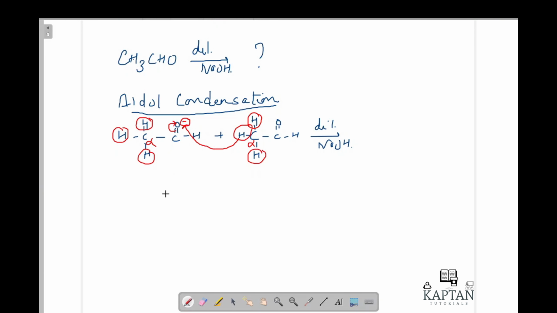The product formed will be, just see, CH3, then C here, this will be OH, and here it will be H, and what remains is CH, here it is CH and it is C=O with H.